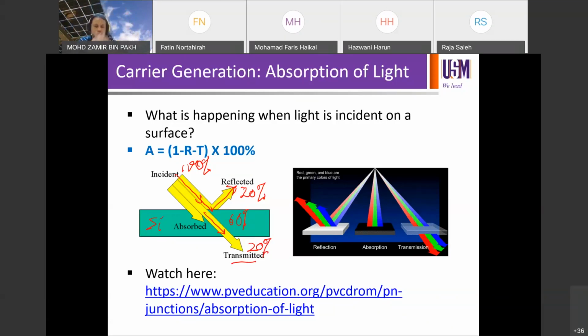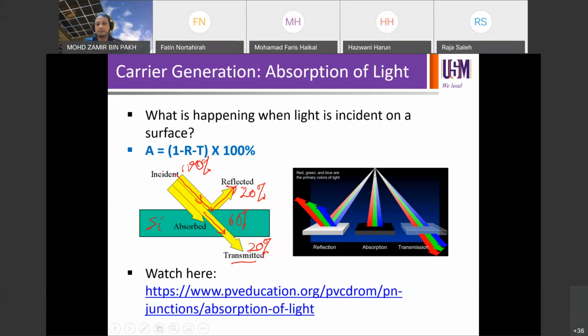Okay, maknanya dia tembus kat belakang, leaking through, right? So this is what I call a simple principle to illustrate reflection, absorption, and transmission mechanism through your semiconductor material, right? So we're going to see later on how absorption of light takes place. Right, before that, let's see the figure on the right first.